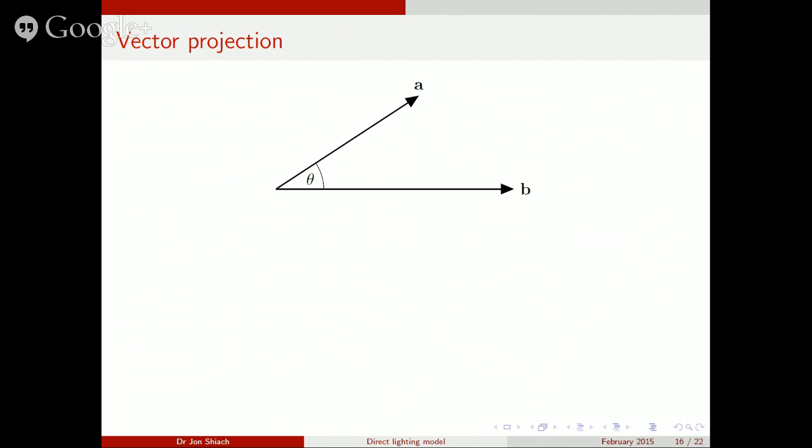Now the projection of A onto B: if I drop this dashed line from A and it hits B, C is the projection of A onto B. So it's what we call vector projection. I want to be able to calculate C, and this is going to be used to calculate our reflected vector.